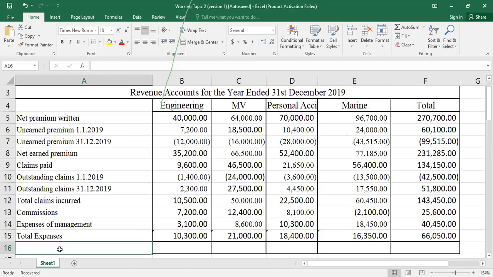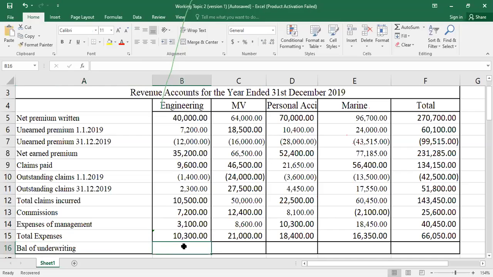If it is a positive figure, it will be a profit on underwriting. So balance of underwriting, and this is the figure that will be taken to the statement of income and expenditure.